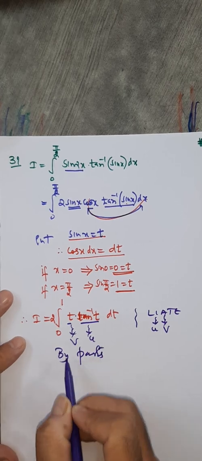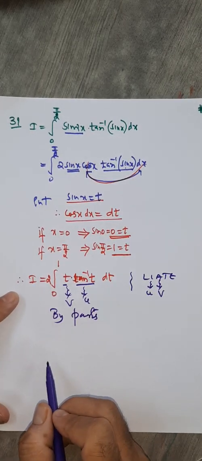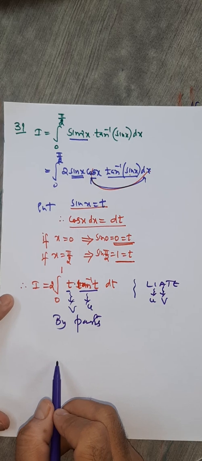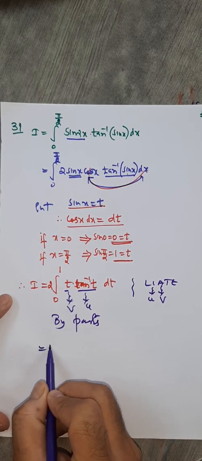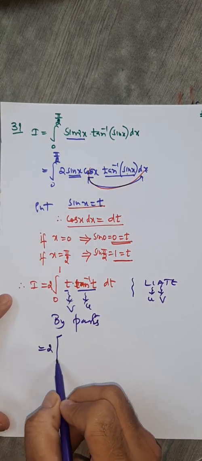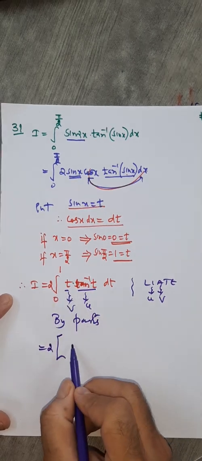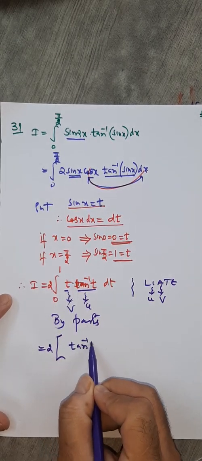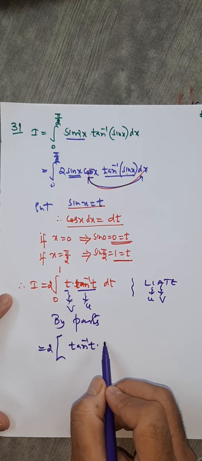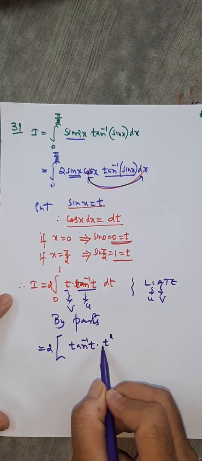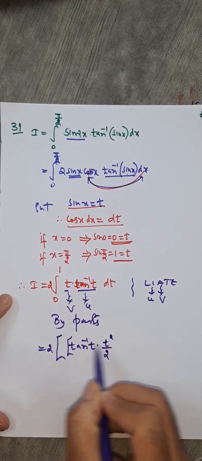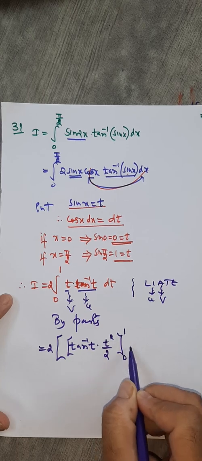Integration by parts, we know it. So over here 2 is already there outside. u will come outside, so tan inverse t will come outside. Integral of t, that's t square by 2. And what are the limits here? 0 to 1.